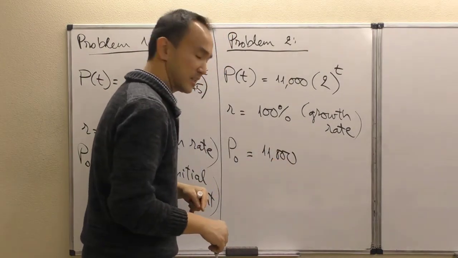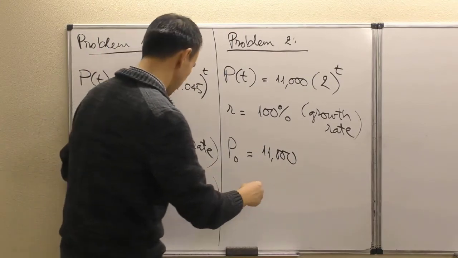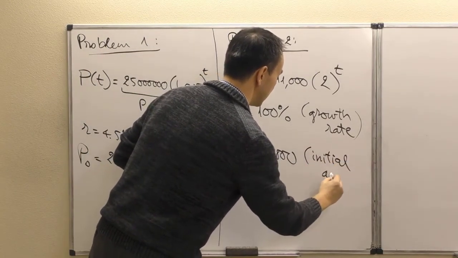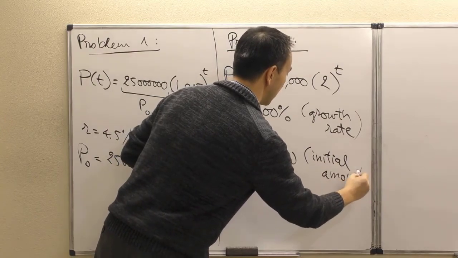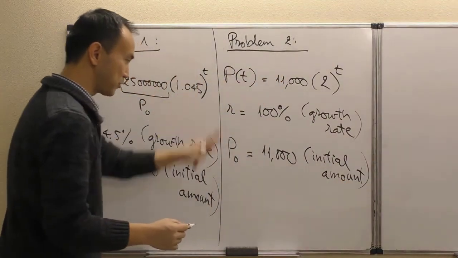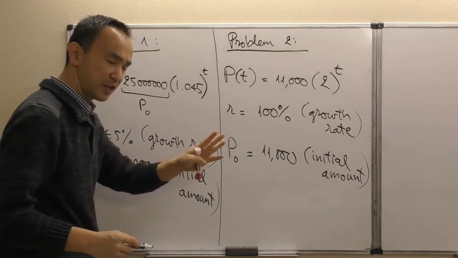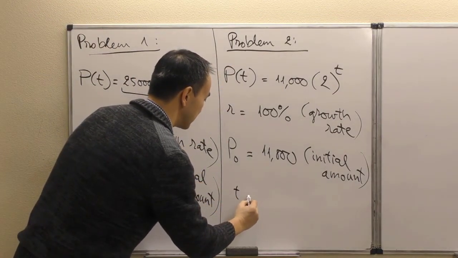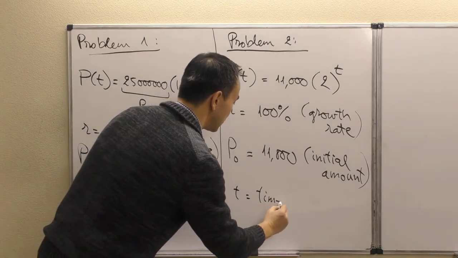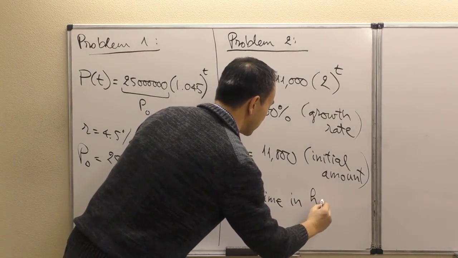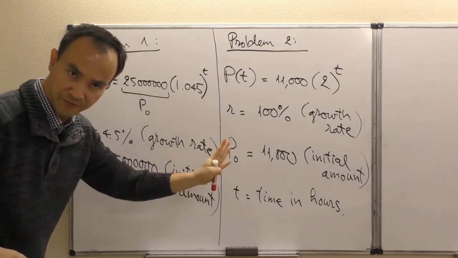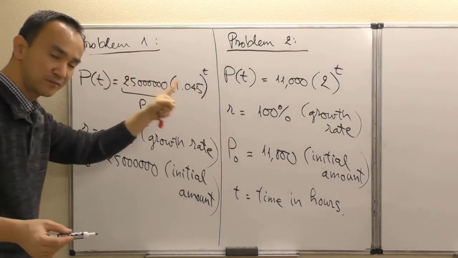So now after putting the two problems together, we already noticed the t here was time in hours. So there's always a time variable in any of these functions.